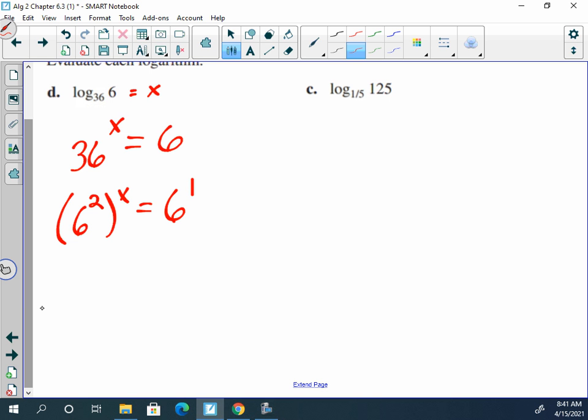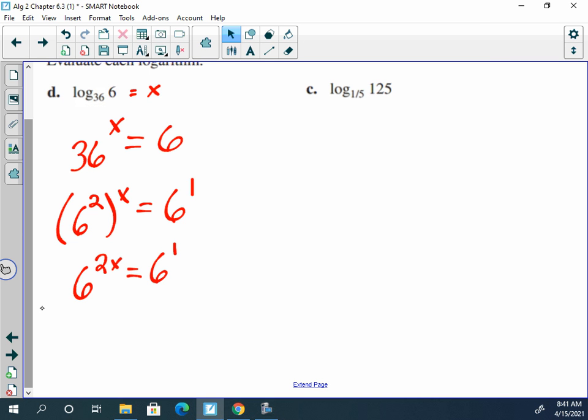So I'm able to make the bases be the same, yes? Now over here, 6 squared to the x is 6 to the 2x, is equal to 6 to the first. So are the bases the exact same? Well, yes, we have 6 and 6. The exponents are different, yes? So the only thing that's different is the exponents.